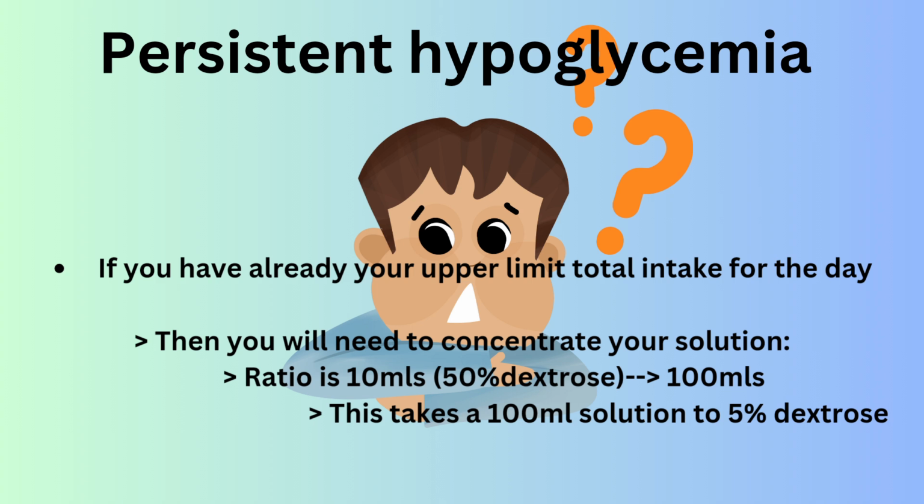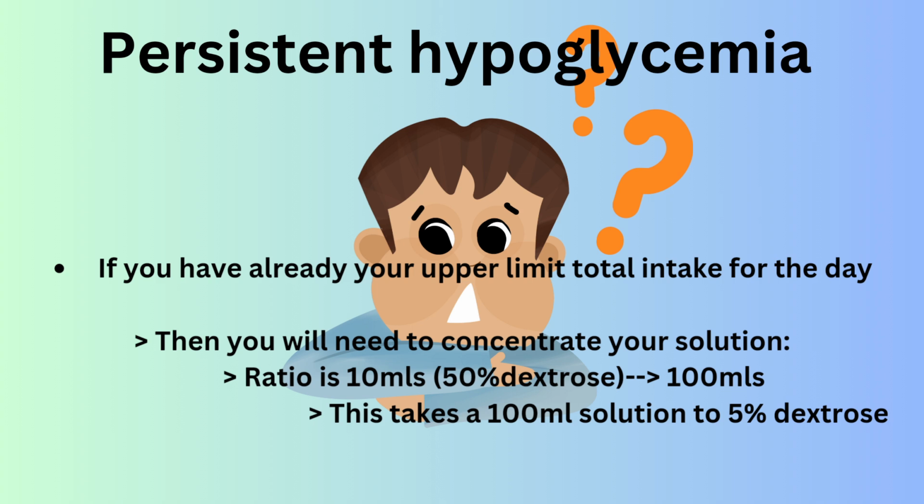Okay, so if you do this to a Neolite, now a Neolite is not a 100 ml bag, it is a 200 ml bag. So if you want to increase the concentration of a Neolite by 5%, it means you're not going to need 10 mls of 50% dextrose.